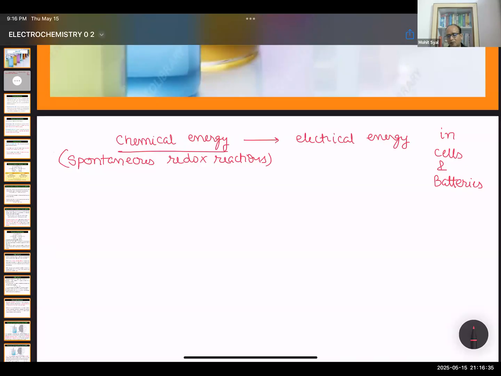And this process is known as electrochemical cell. This chapter is divided into two parts. A cell is the compartment or the container where you are doing this chemical reaction.